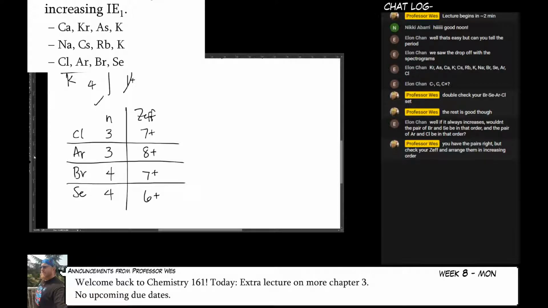And so here's the strategy that I would use to solve this problem. So first of all, remember that N increasing means that the ionization energy is lower.